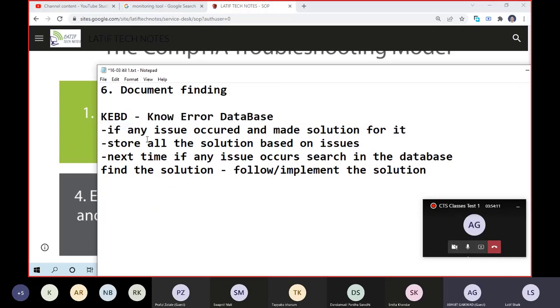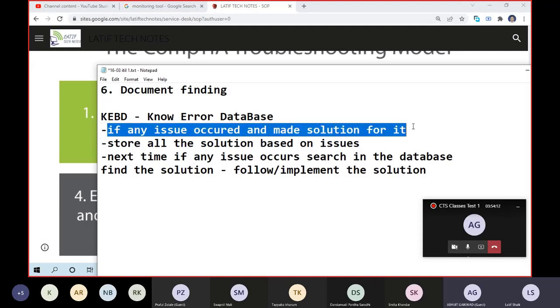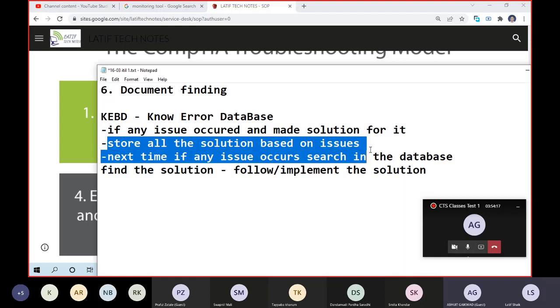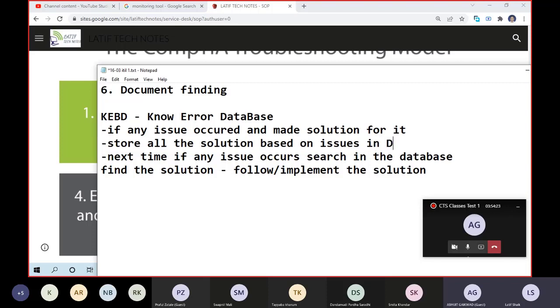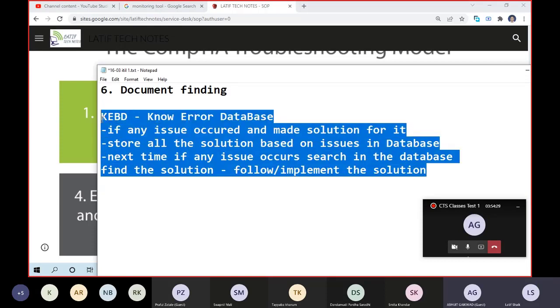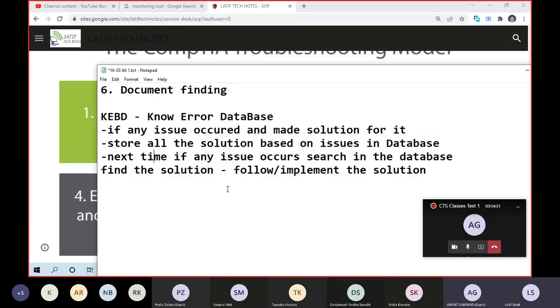Known error database means issues have already occurred and there are solutions. Okay, we store the information in the database. Next time if any issues occur, we'll take it from the database and follow or implement it.